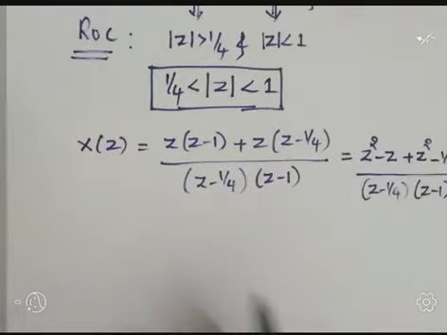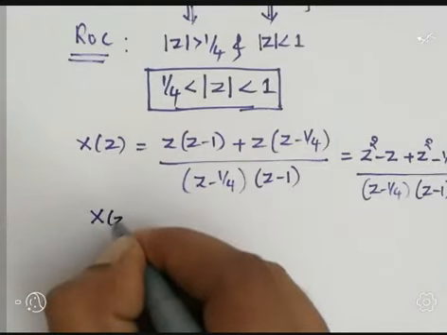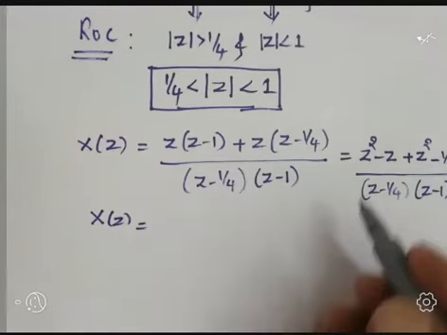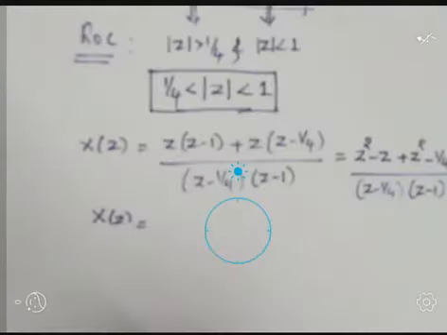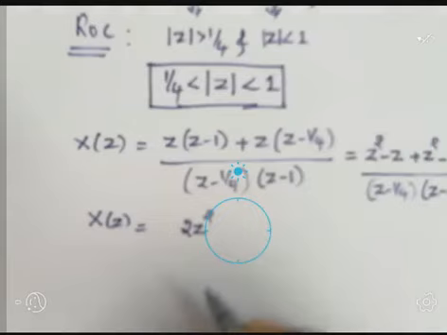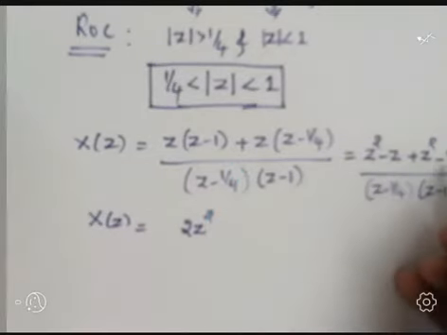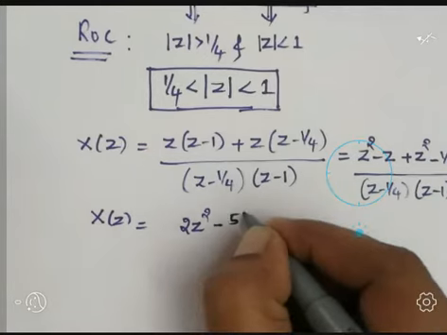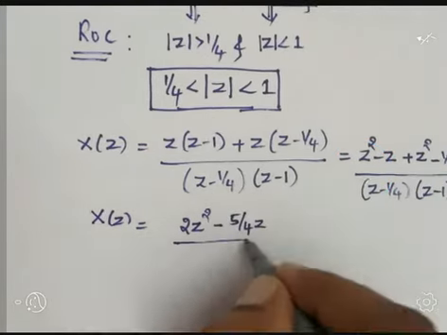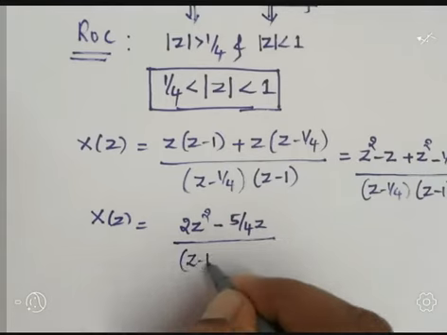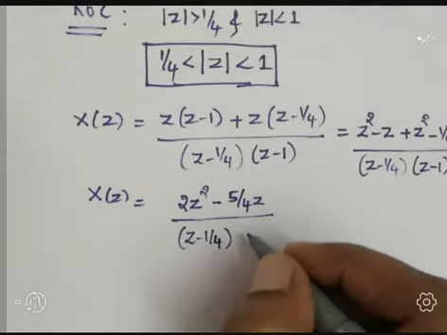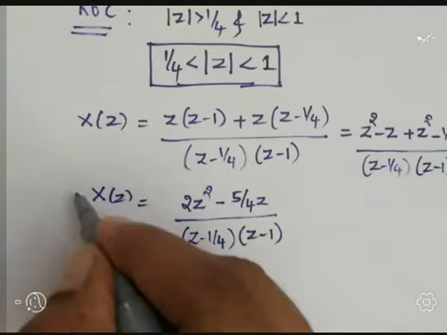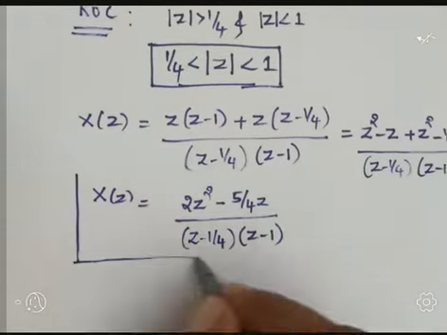So next step is X of Z is equal to Z into 2Z square minus Z minus 1 by 4 Z, that one we can write minus 5 by 4 Z, divided by Z minus 1 by 4 into Z minus 1. So it is our Z transform for the given sequence.